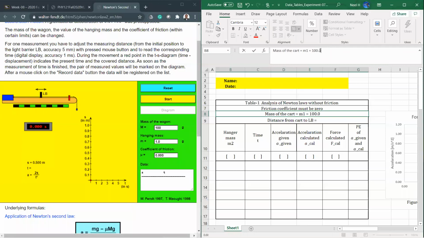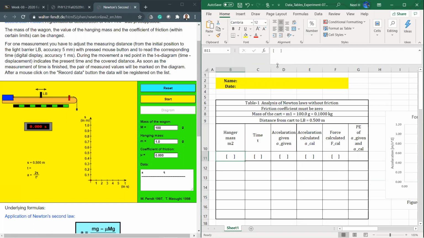I'm going to add one decimal place there, otherwise it's going to be like one significant figure. 100 grams, which means 0.1000 kilograms. And the distance to LB is also fixed. Starting point to the LB is going to be 0.500 meters, right here. That's going to be fixed throughout this part of the experiment.